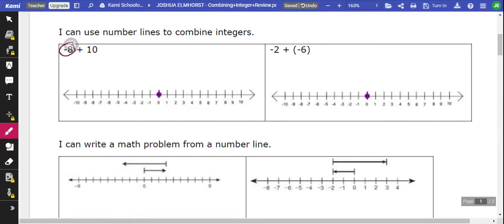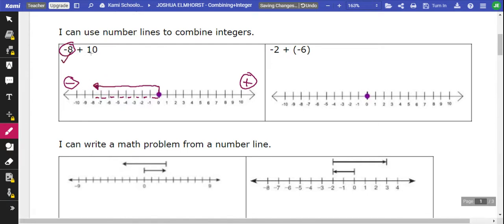So we have our first integer here, and we just label left as negative and right as positive. Our first integer is negative. So we got 1, 2, 3, 4, 5, 6, 7, 8. So we're going to go here to -8. So we got that one.